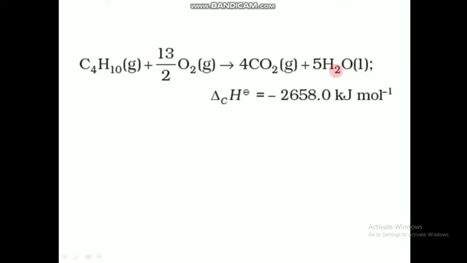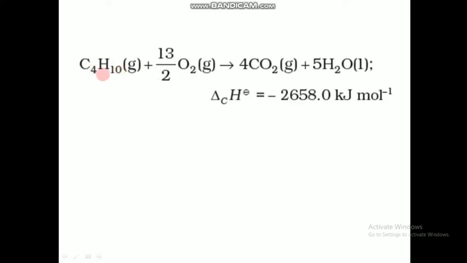So in this reaction, if you see, the C4H10, the substance which we are actually burning, is taken as 1 mole. And if you see here 13 by 2, it's not a usual fraction which we take. Then why do we take this 13 by 2? So we are adjusting all the other reactants. Whatever reactants are there in a combustion, we are adjusting them for 1 mole of the substance.